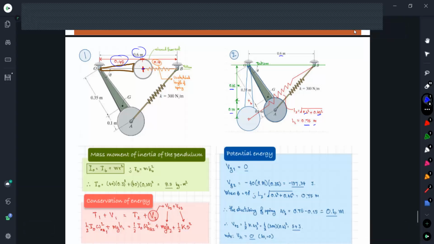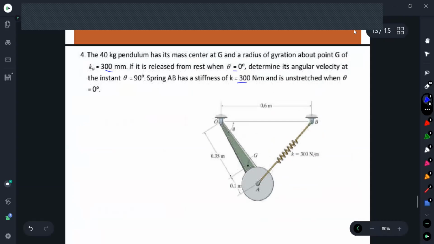If we consider this problem, it is just about the motion of the pendulum, which is rotation about a fixed axis. It rotates about point O, and we have to determine IO. IO is equal to IG plus m r squared. And IG is equal to what for this case? The problem already gives us that the radius of gyration for this mass is equal to 300 millimeter.